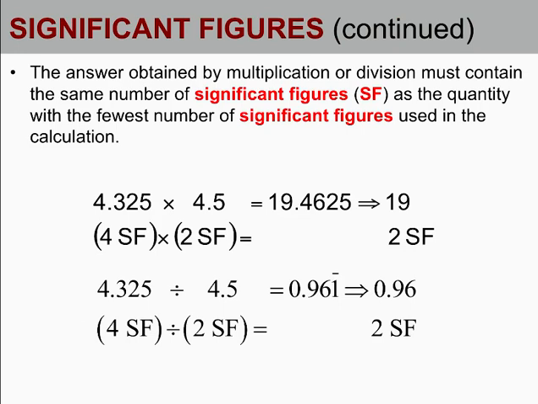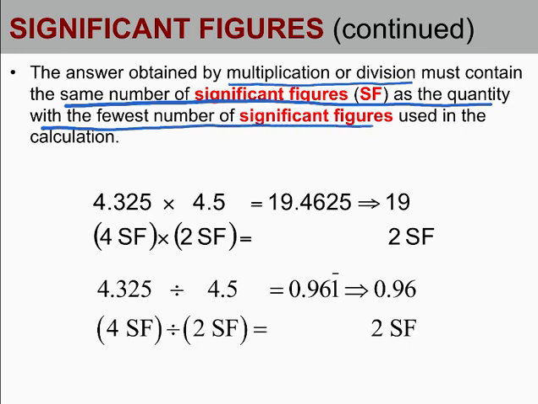If you are multiplying or dividing numbers, then the answer must contain the same number of significant figures as the quantity with the fewest number of significant figures used in the calculation. So let's look at a couple of examples.